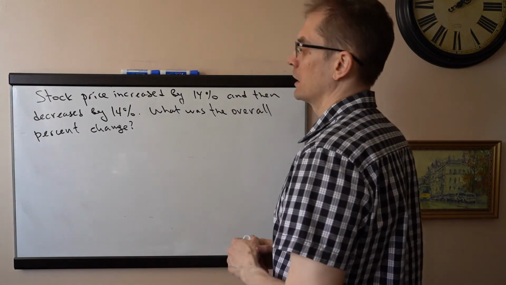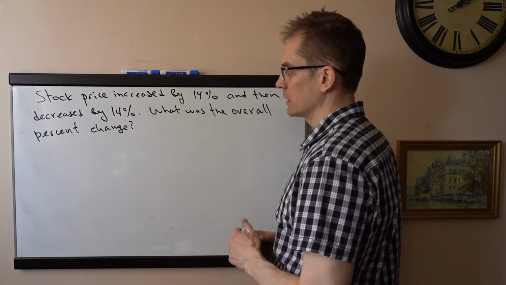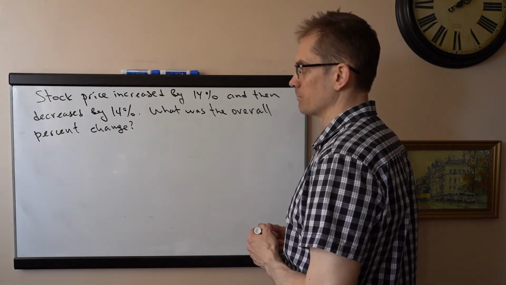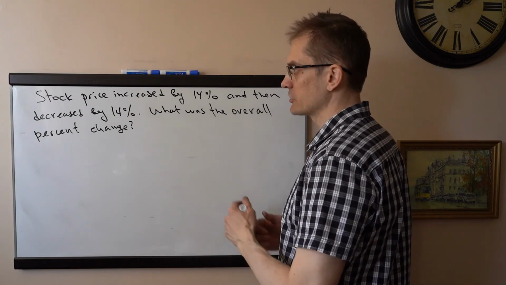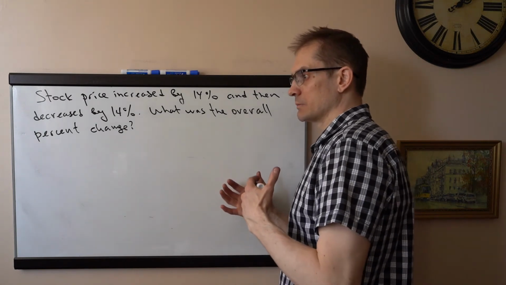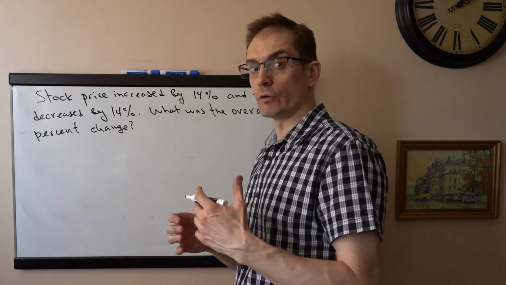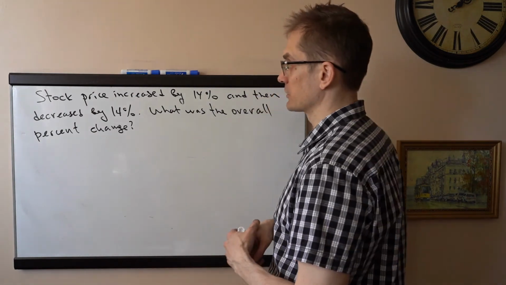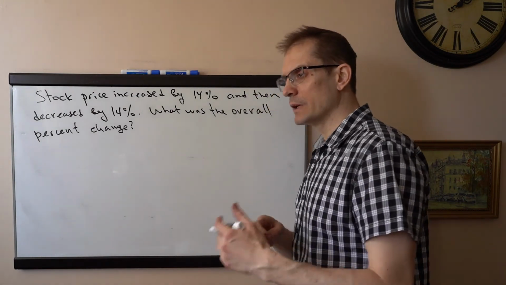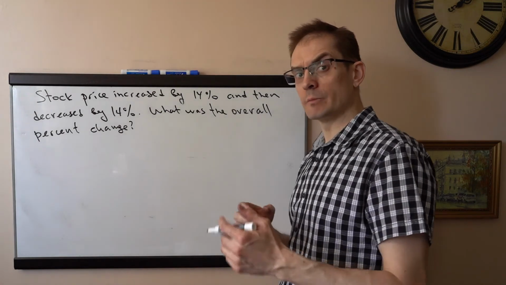Okay. Now, how do we solve this? Well, let's just explore what happens for each $1 of that stock price. I think for many of our problems that will be a very powerful technique.